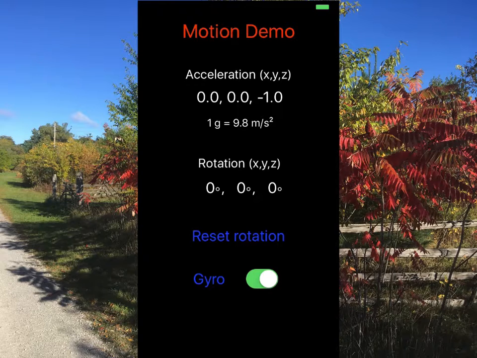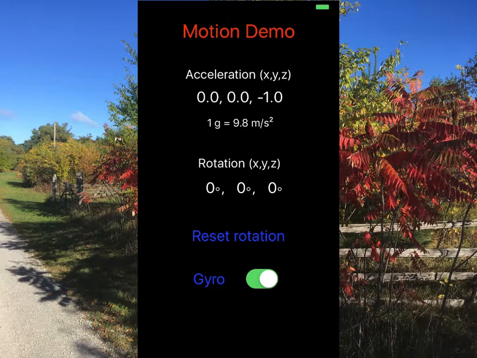What you are looking at is a QuickTime screen recording of my iPhone SE. The purpose of the application is to explore the data that comes out of CoreMotion. I'll be going over the design of the application and its code in the next part of this two-part video.